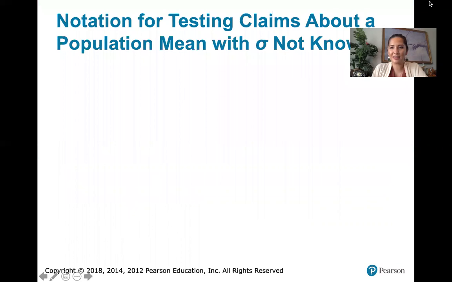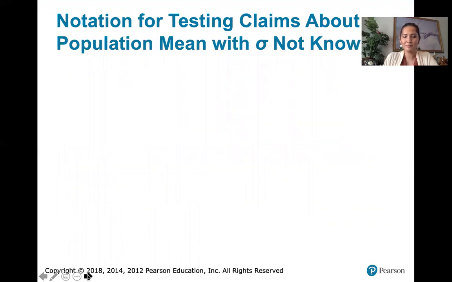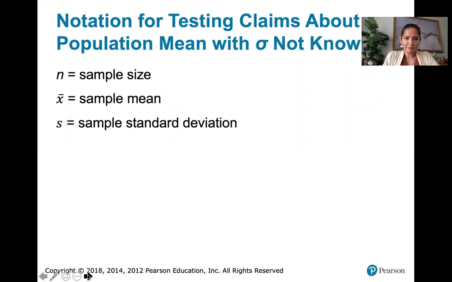Okay, so here's some notation. Remember, lowercase n represents the sample size. X bar is the sample mean. Usually that is a particular sample mean for our sample.